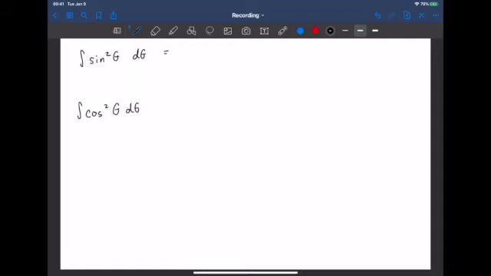We're going to use the double angle formulas here. What that means is for sine squared theta, we're going to convert that to 1/2 times 1 minus cosine 2 theta.